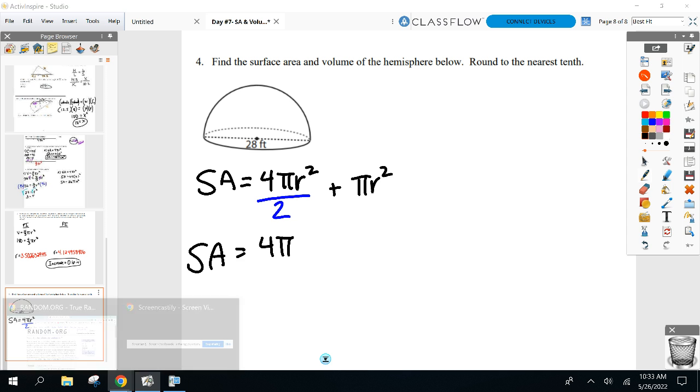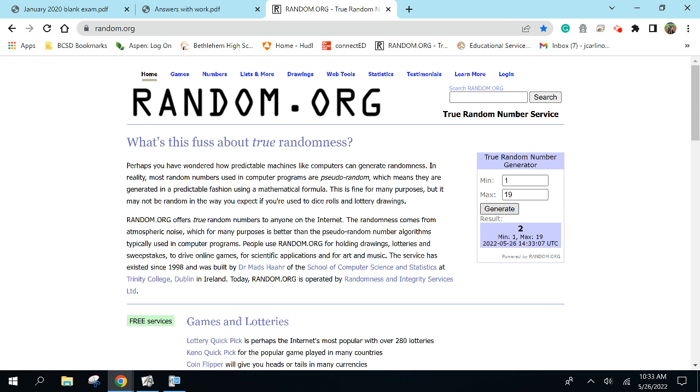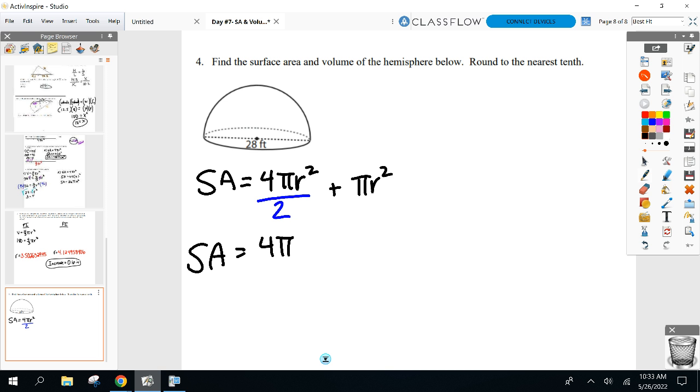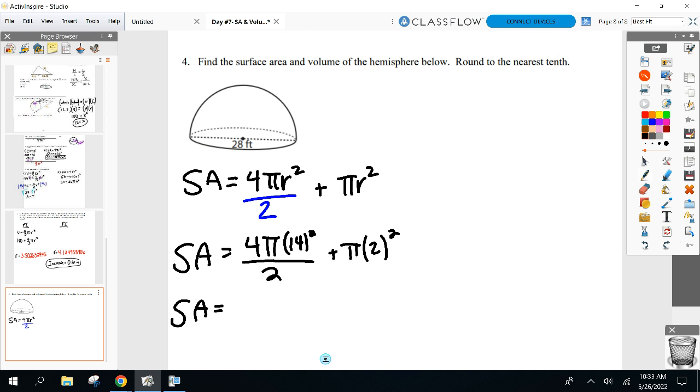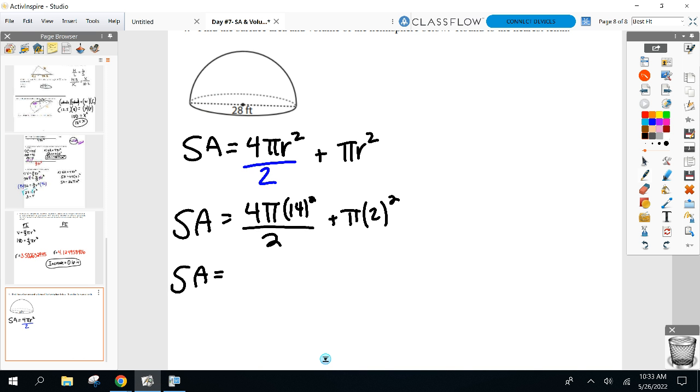What are you plugging in for the radius here? Radius 14, thank you. And they give us rounding directions, nearest tenth, yep.